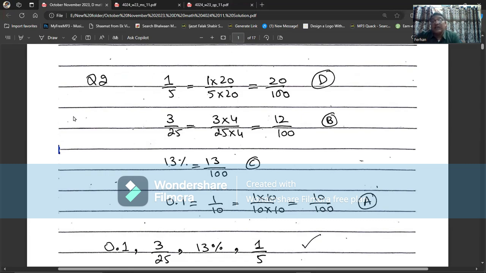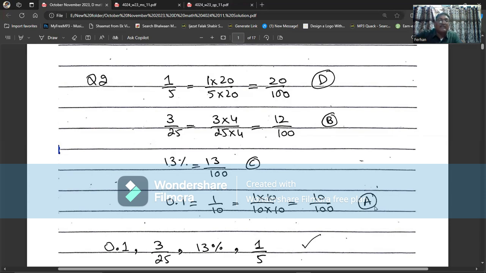13% means 13 by 100. 0.1 means 1 by 10, and I will multiply numerator and denominator both by 10. So I will have 10 by 100. Now you can compare them because their denominators are the same. By comparing the numerators, you will be able to tell which one is the smallest and which one is the largest.